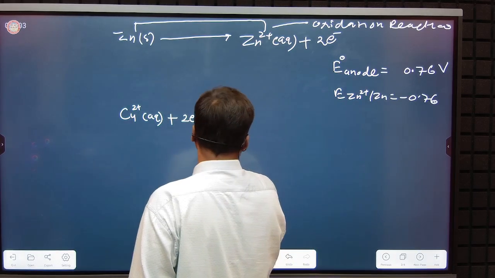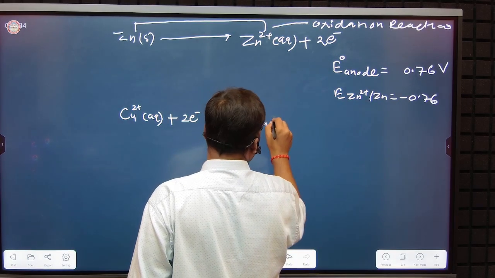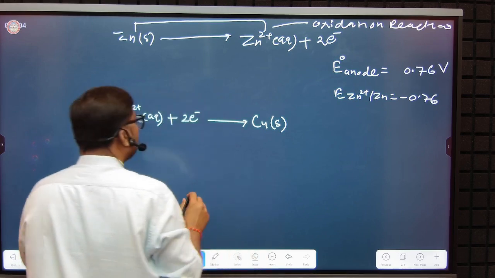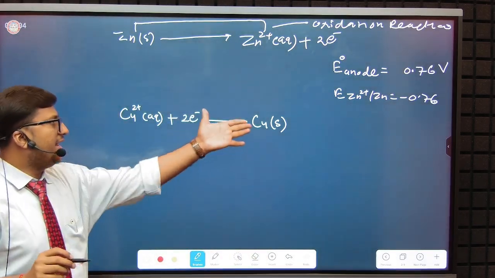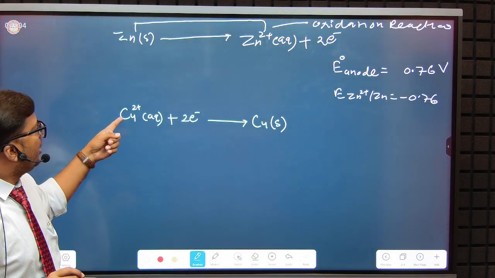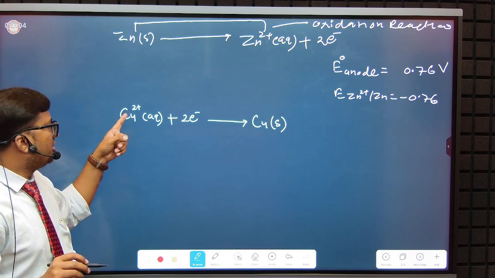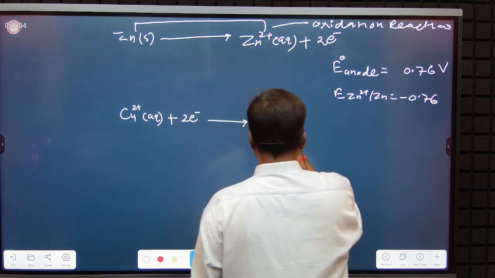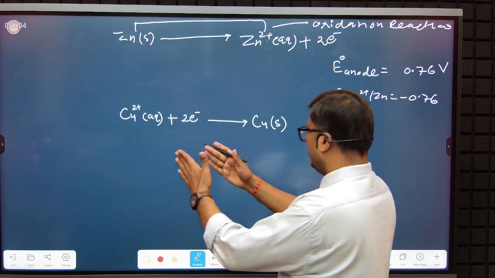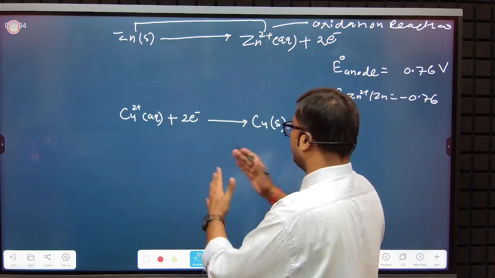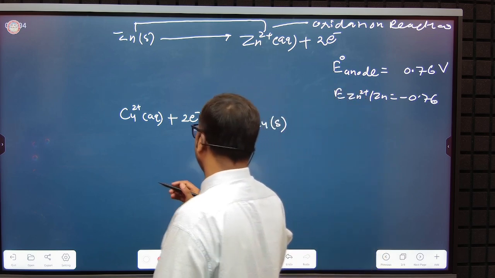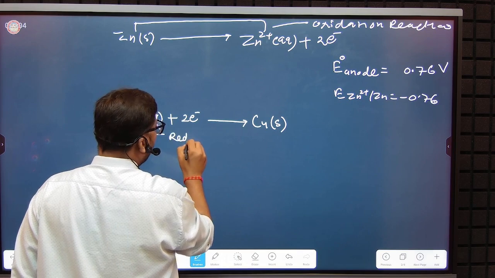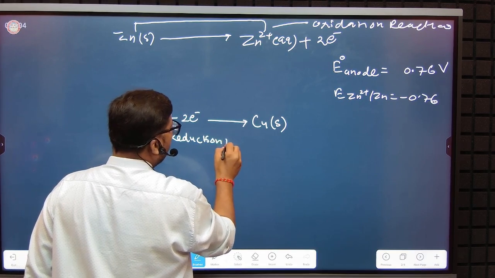Then this will be reduced to Cu as a solid, and this is a reduction reaction where copper has oxidation number 2 and this solid copper has oxidation number 0. So here a decrease of oxidation number indicates a reduction reaction, right? Reduction reactions.